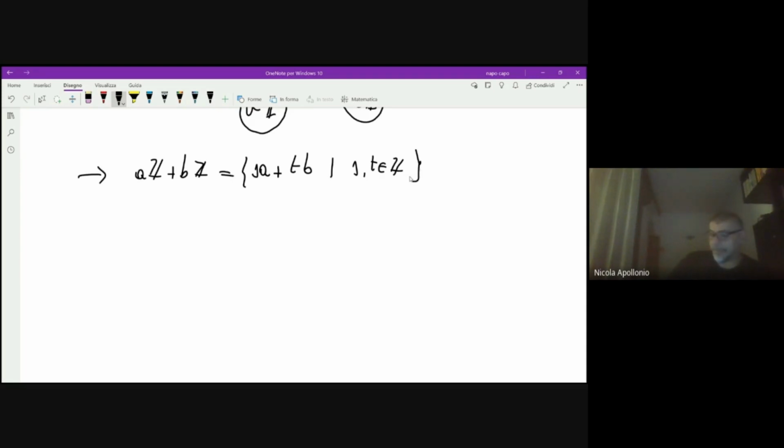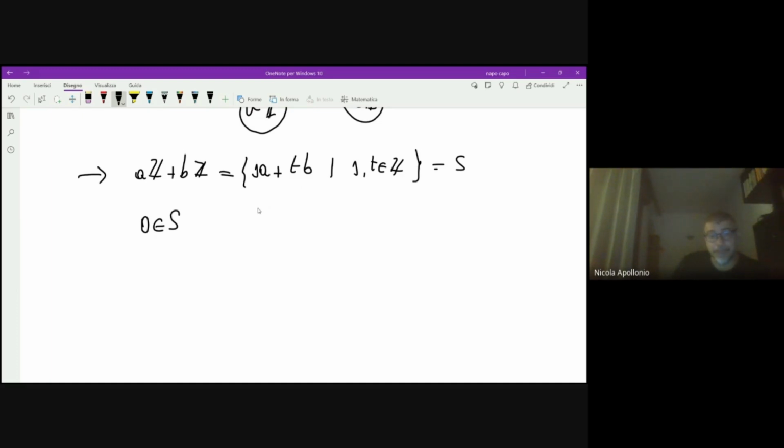Which property does this set have? Well, provisionally call it S. So one obvious fact is that 0 is in S. Why is 0 in S?